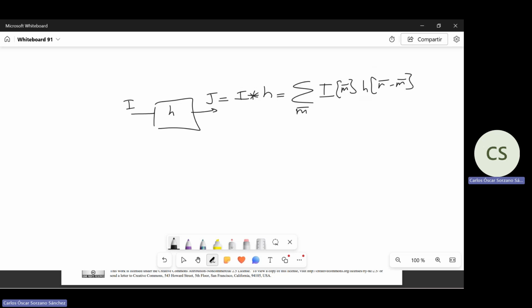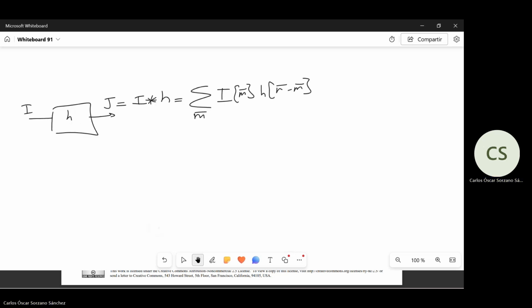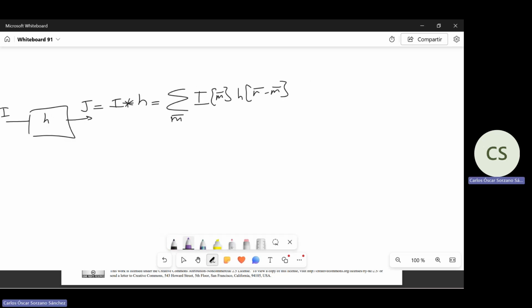This is the convolution, and we call this the moving window, because the kernel is moving, and for every position of the kernel, we multiply and then add all the values there. And then we also said you can compute this in another way.